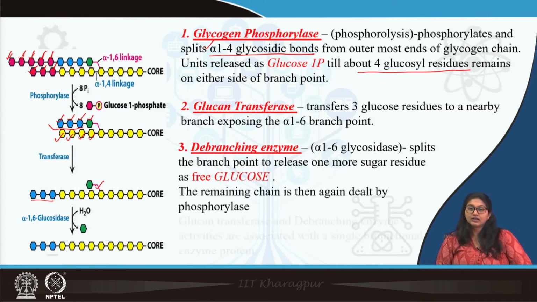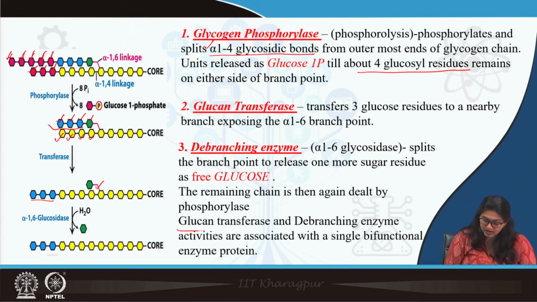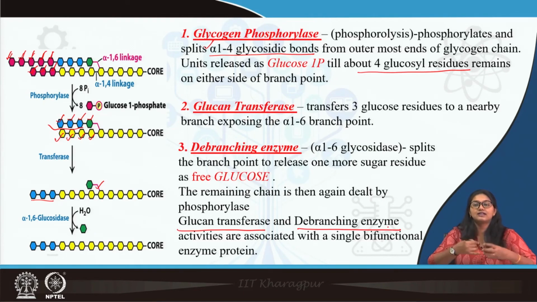And remember, glucan transferase and debranching enzyme are present in a single enzyme molecule, a bifunctional enzyme protein. So, one single enzyme has 2 types of enzymatic function, glucan transferase as well as debranching function.